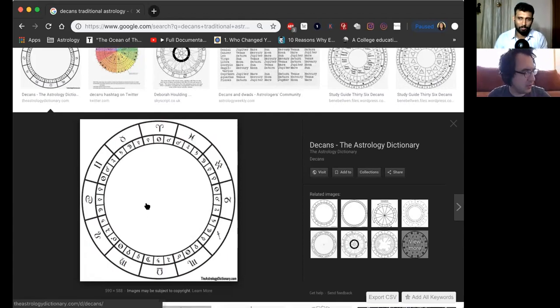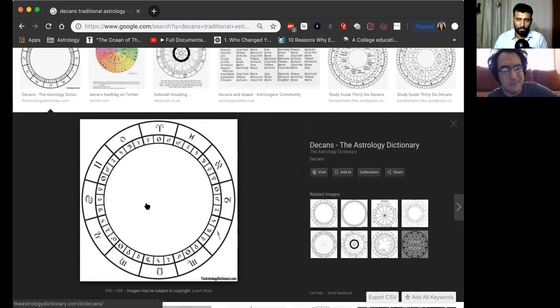It probably is earlier. Yavana Jataka also has extensive work on decans, which I use as my base material for decans. Yavana Jataka has a different rulership scheme as well. It's rather strange, like derived from the 11th and 10th lord relative to the sign, something like that.